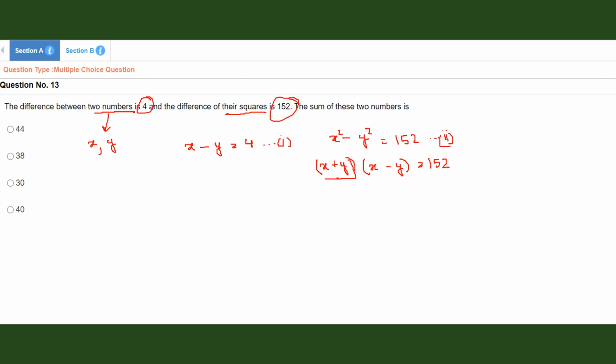We will just put the values: x plus y into 4 is equal to 152. Therefore x plus y, which is the one we require, the sum of the two numbers, will be 152 divided by 4, which is 38. So the answer is option number B.